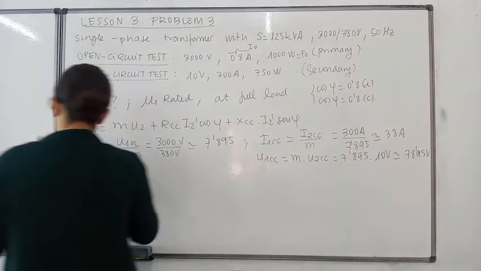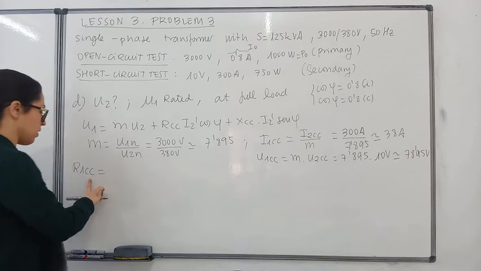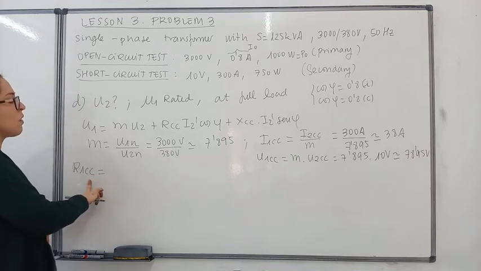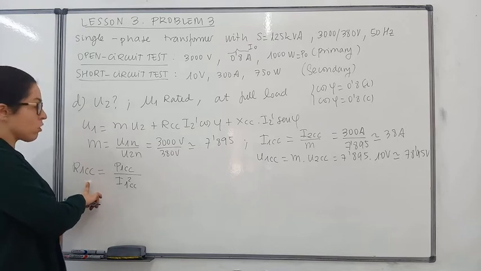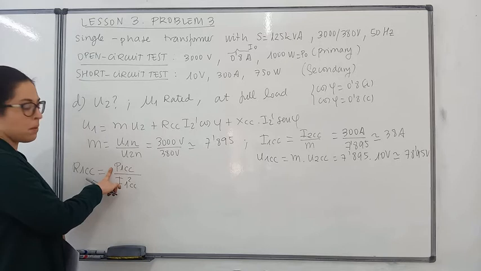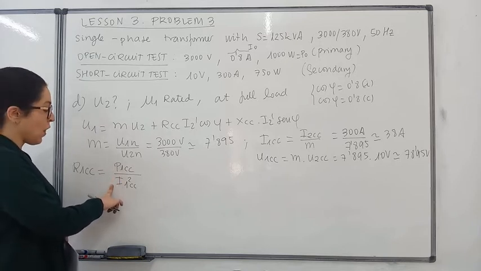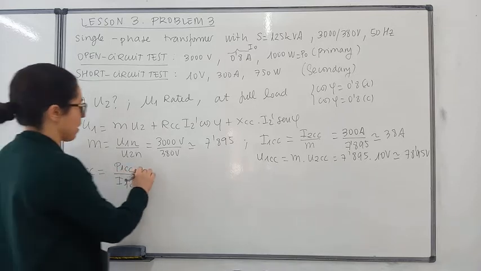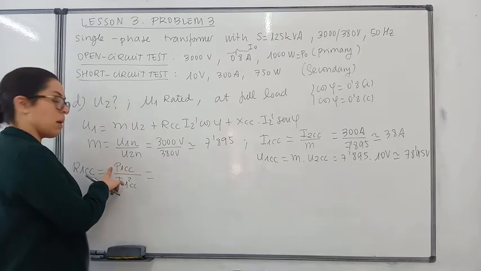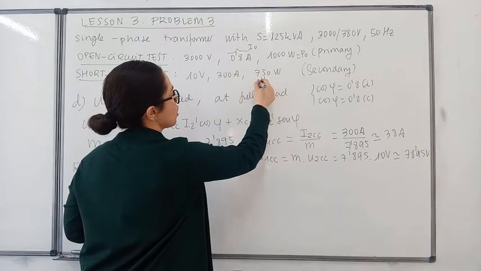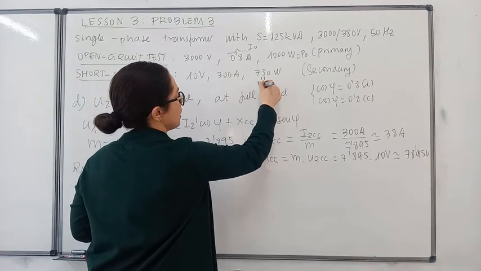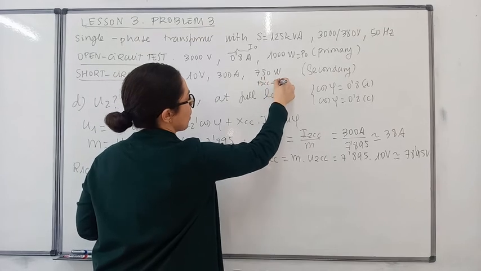Now that we have the current and the voltage of the short circuit test referred to the primary winding, we need to obtain the short circuit resistance referred to the primary winding. The resistance of the short circuit test referred to the primary winding would be the active power of the short circuit test in the primary winding divided by the square of the short circuit current in the primary winding. So the power here, remember that the short circuit power doesn't change when we are in the secondary or primary winding.